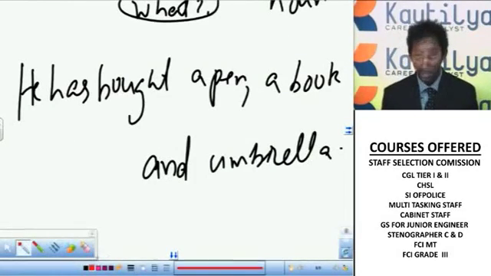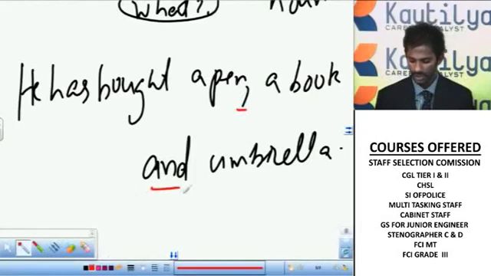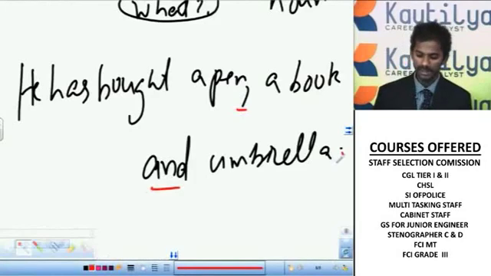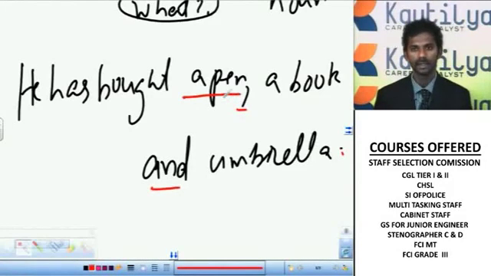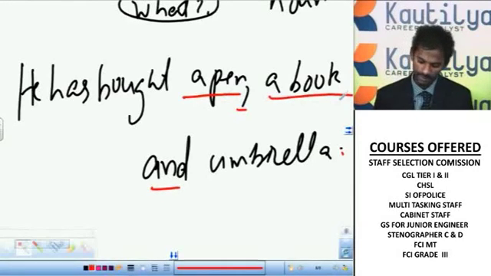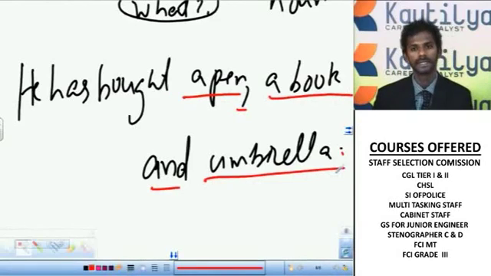There are 3 ideas in this sentence shown by the comma, conjunction and the full stop. First idea is a pen, single word, pen. Second idea is a book, single word. Third idea is umbrella, also a single word. So the concept of single word is fine in this sentence.